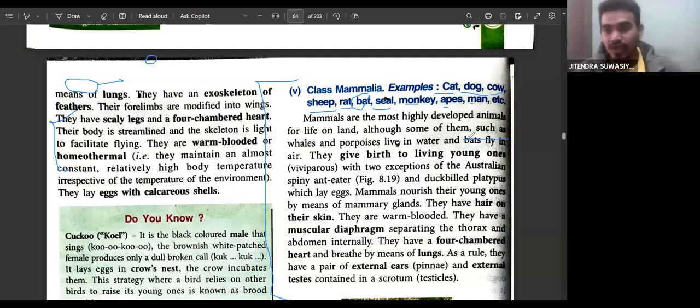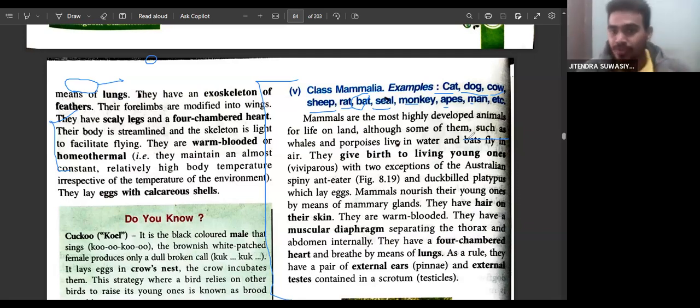Okay, so most of the things we do, we can't say that birds can do something like use computers. We can't say that because they are not that highly developed. But the mammals are the most highly developed. They produce their young ones. They do not produce eggs. So these are the most highly developed animals on the land surface.